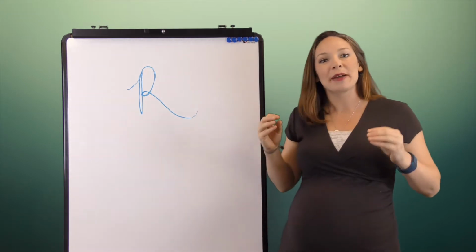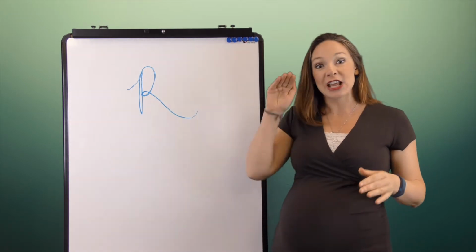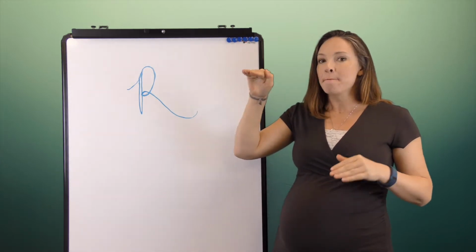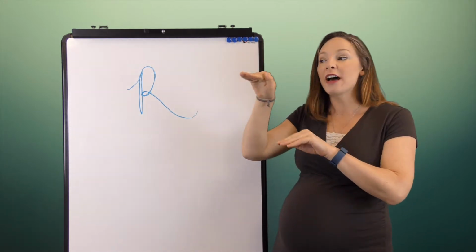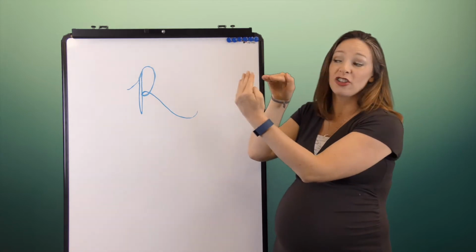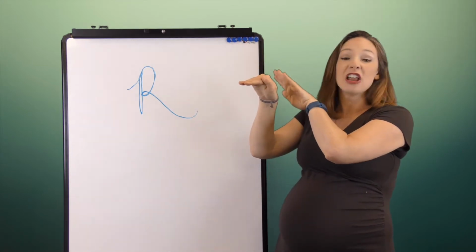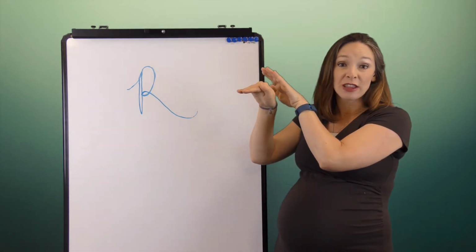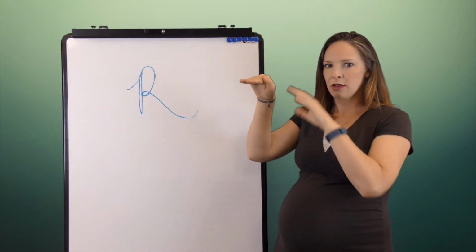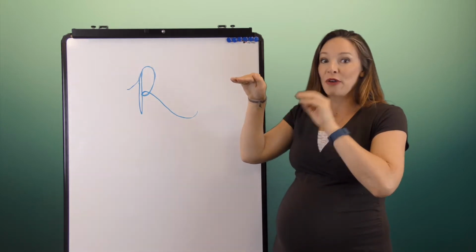Okay, so what I'm going to ask you to do, take your tongue, all right? Make sure that you have it in the middle of your mouth, so it's not touching your front teeth, and there's no part of your tongue touching the back of your mouth, all right? So you have that? Okay, good.